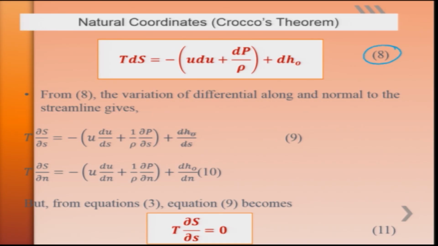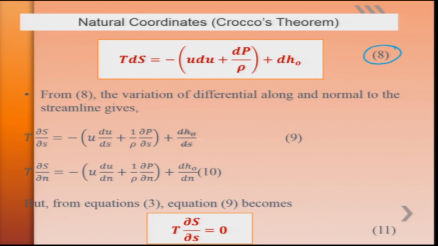Now resolving this equation along and normal to the streamline direction, I divide everywhere by del s and rewrite equation 8: T del s by del s is minus u del u by del s plus 1 by rho del p by del s plus dH naught by ds.